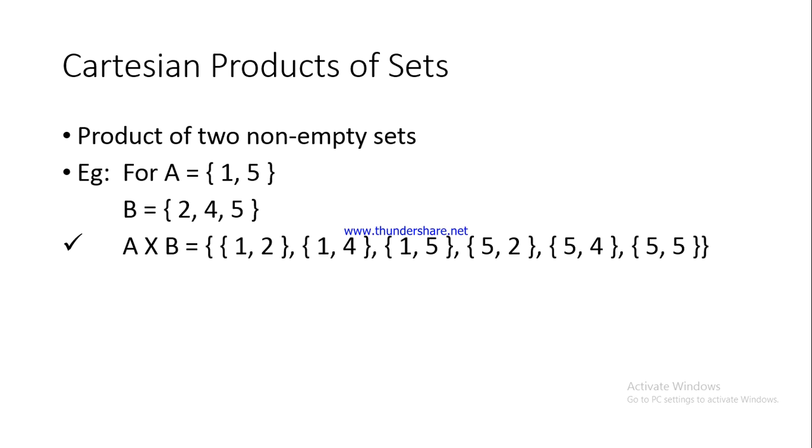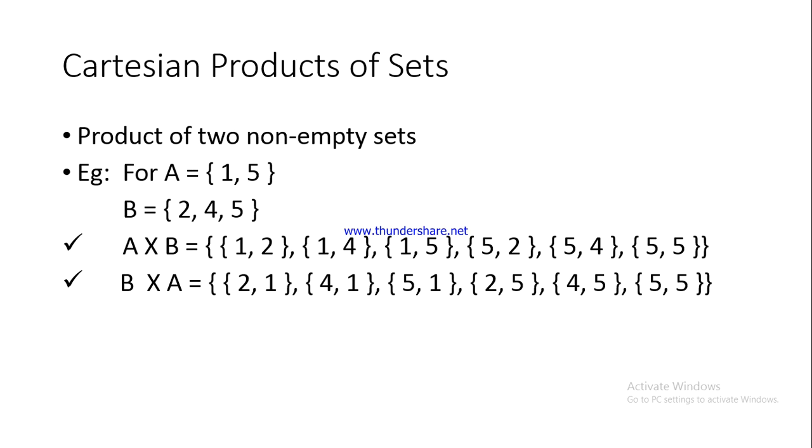For example, here the first set A had two elements, so the product will have 2 into 3 is equal to 6 elements, and now you see that A into B has got 6 elements separated by comma. So the first element is 1 2, the second one is 1 4, then 1 5 and so on. So this is how you find out the Cartesian product of sets.